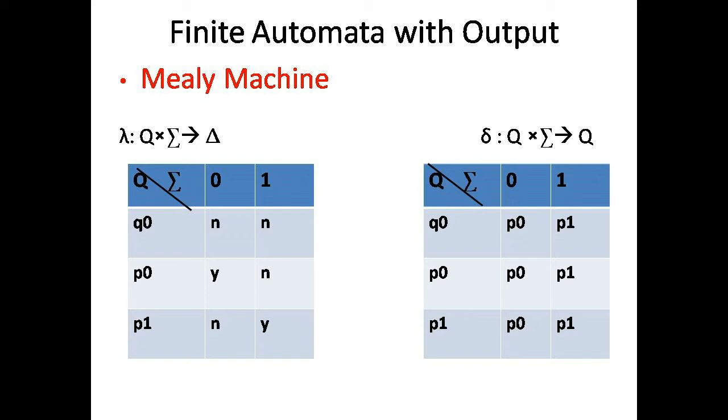And in the Q0 state, if the input is 1, then it will produce the P1 state. By using the transition diagram, we construct the machine function table lambda and the transition function table delta.